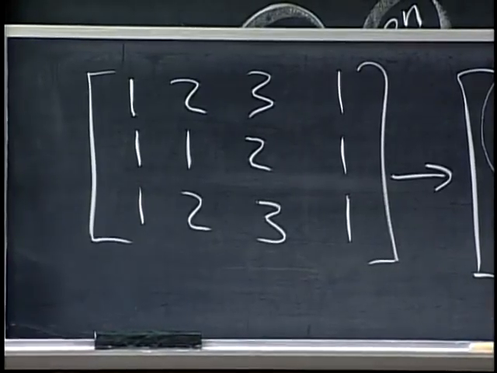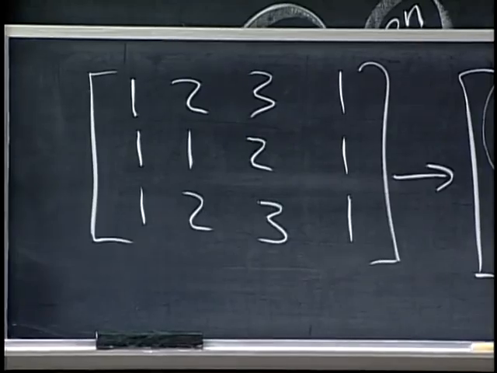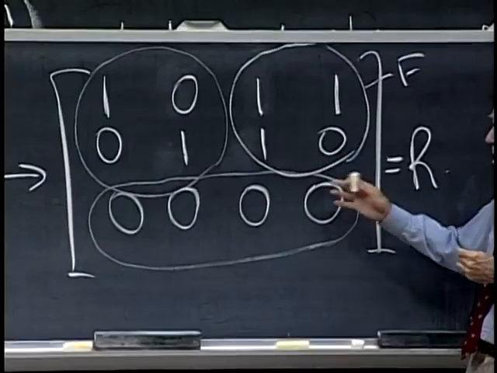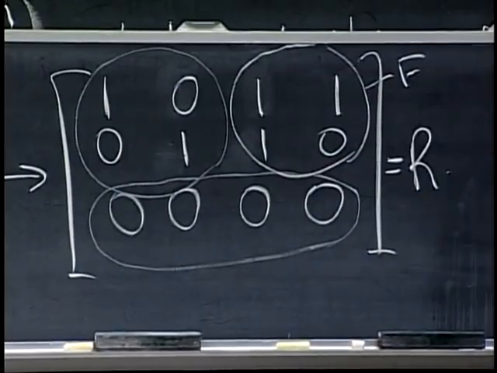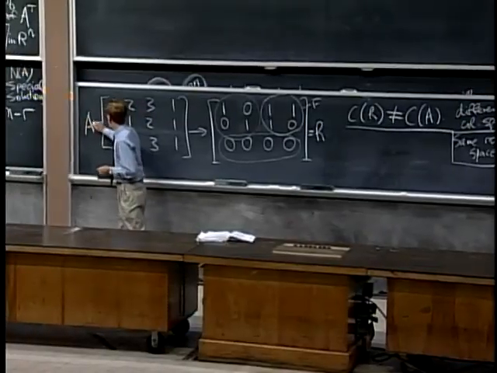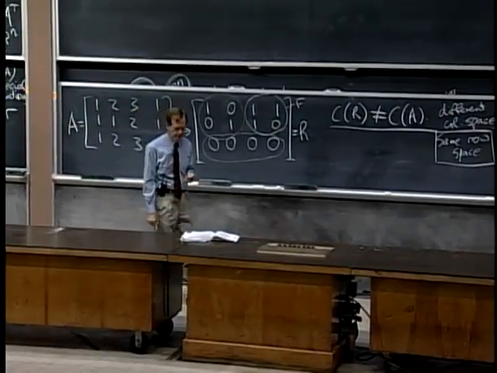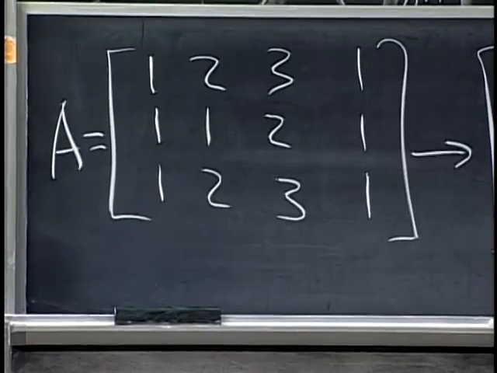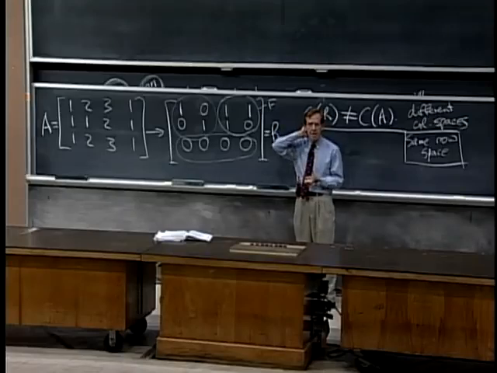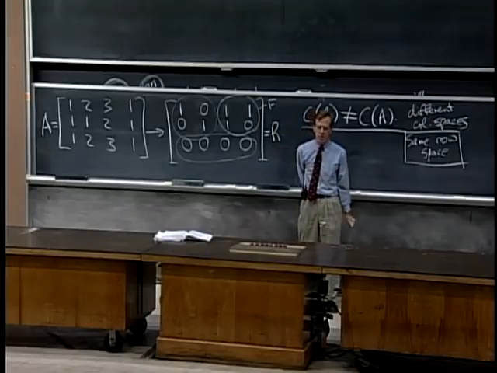And if true, what's a basis? What's a basis for the row space of R? And it'll be a basis for the row space of the original A. But it's obviously a basis for the row space of R. What's a basis for the row space of that matrix? The first 2 rows.